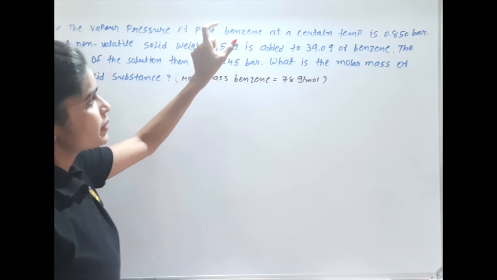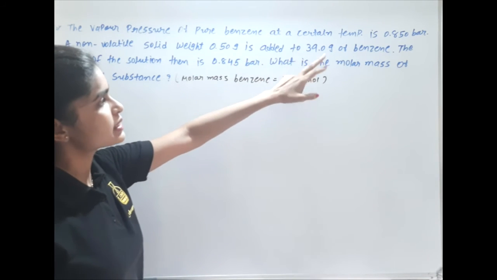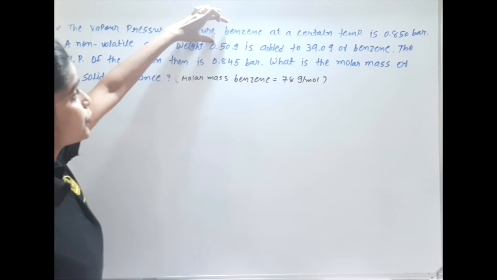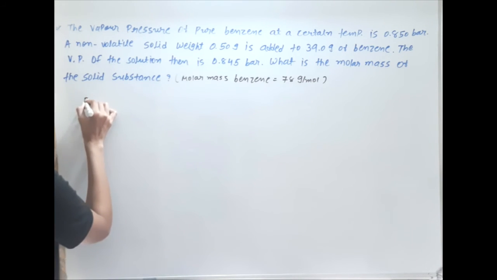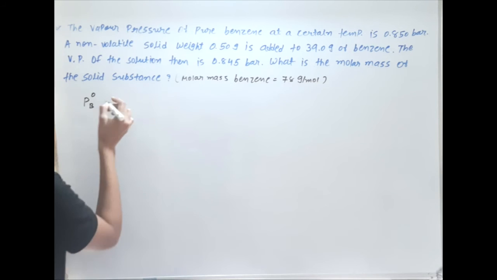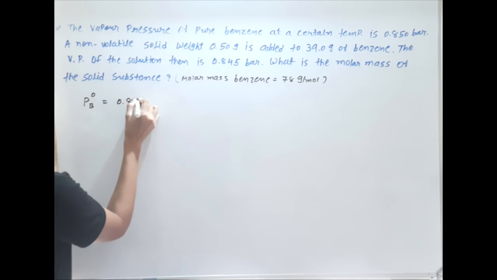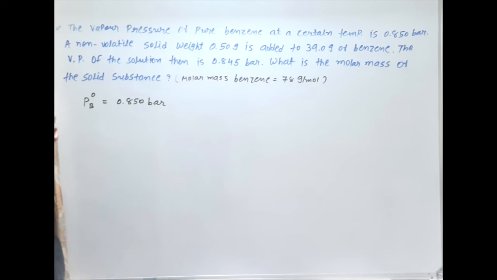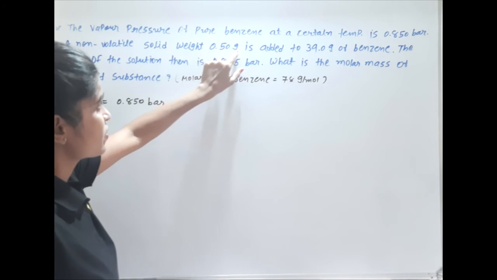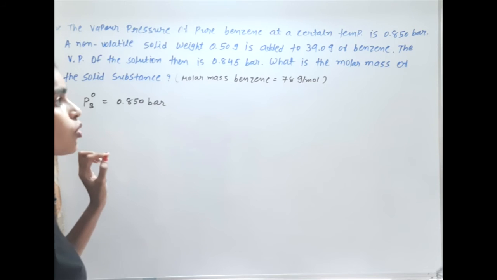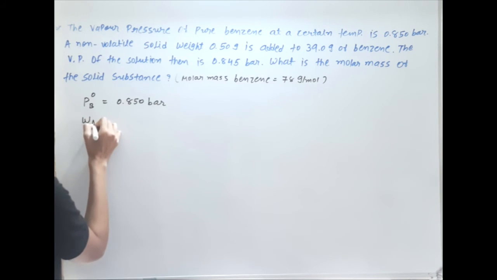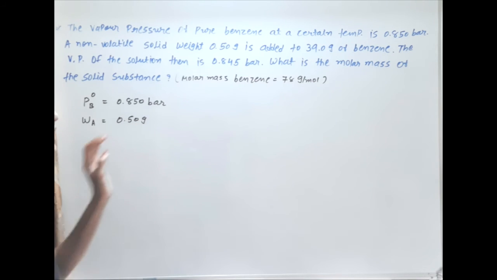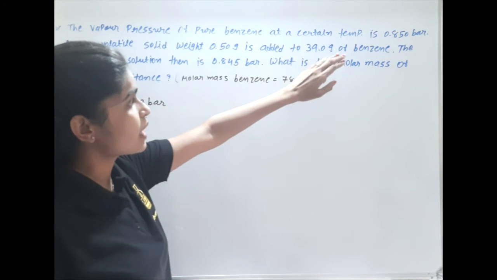The pressure of pure benzene at a certain temperature is 0.850 bar. So the pressure given is for pure benzene. So P0 for the pure benzene is equal to 0.850 bar. A non-volatile solid weighing 0.50 gram, for example non-volatile solid A, this weight is 0.50 gram, is added to 39 gram of benzene.